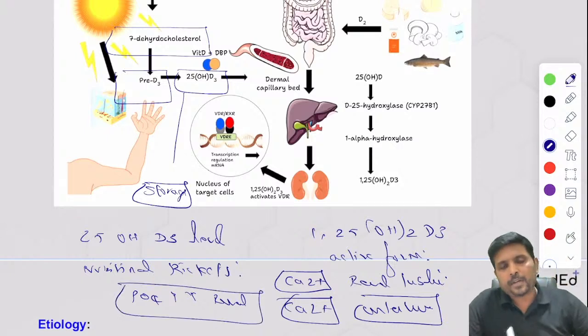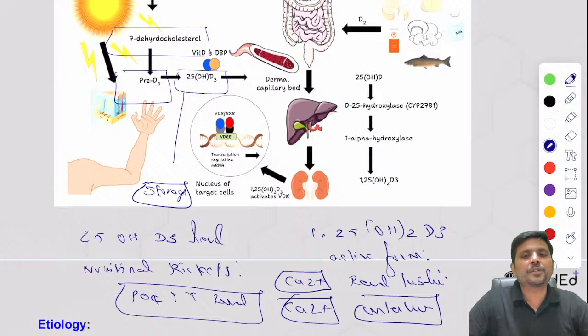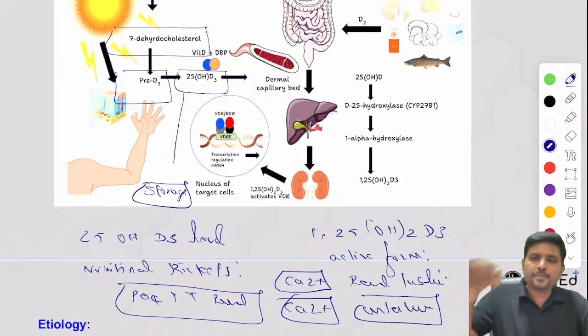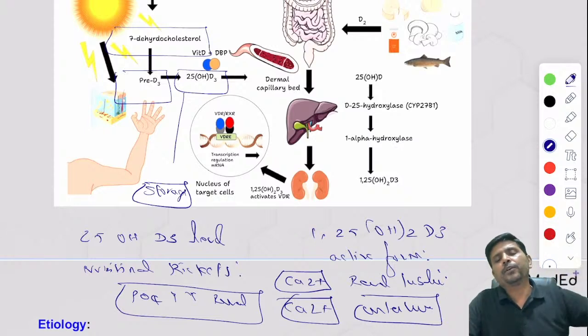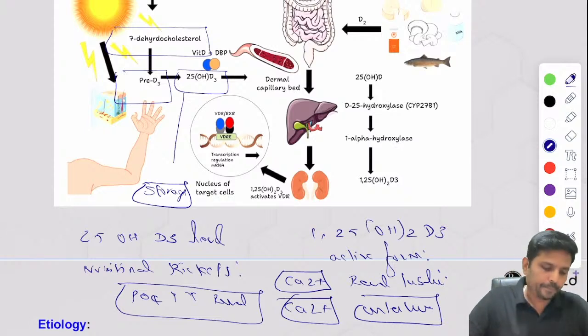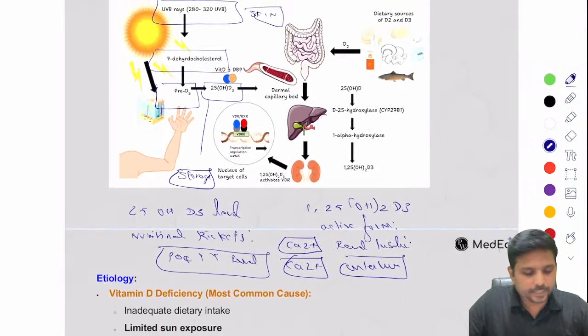This active form of vitamin D absorbs calcium as well as phosphorus from the intestine as well as the proximal convoluted tubule of the kidney, right?